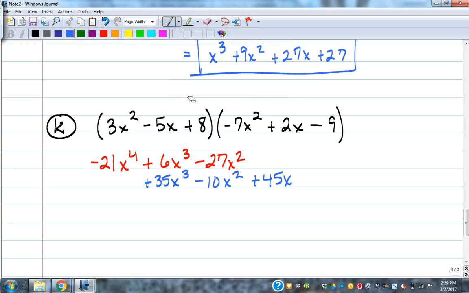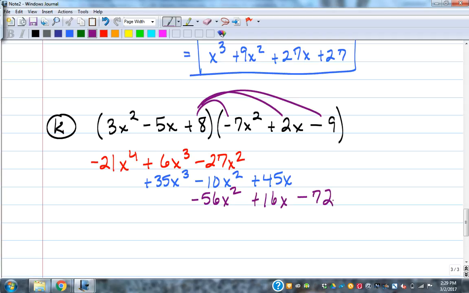Last piece, it's distributing 8 to all 3 of those. That's the easiest one. So that'd be negative 56x squared, positive 16x, negative 72. Answers, just total it all up.